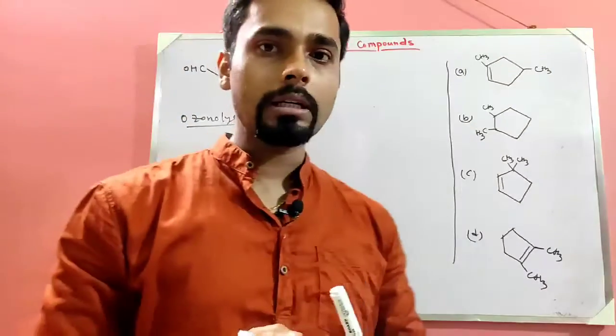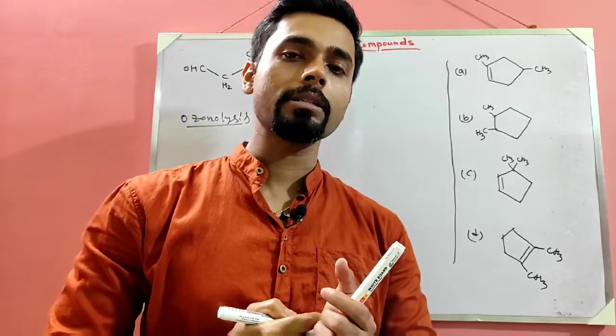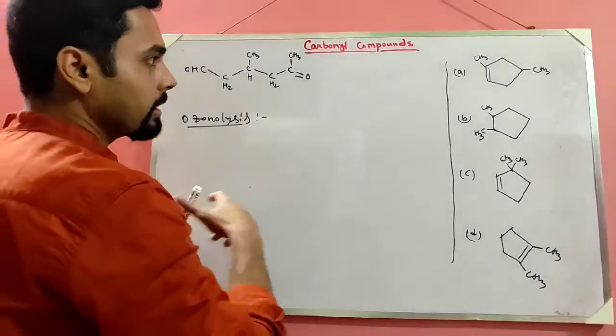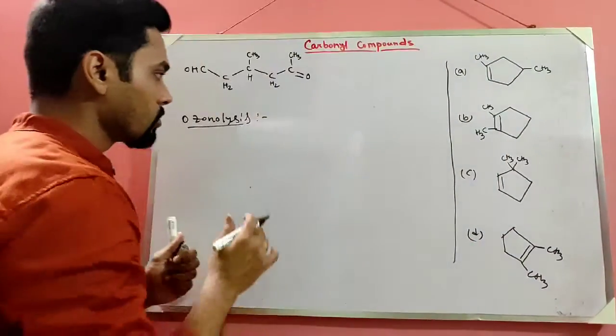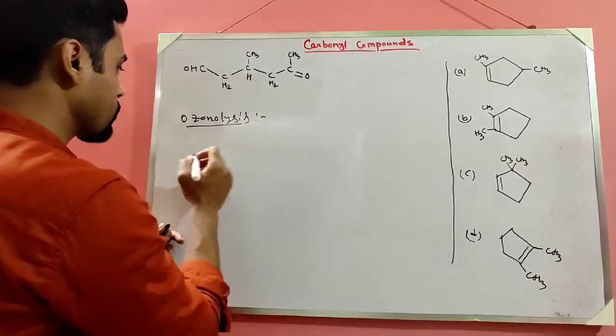So ozone reacts with unsaturated compounds, that means alkenes and alkynes. Here all these compounds are alkenes. Okay, so I show here how an alkene reacts with ozone to give products.